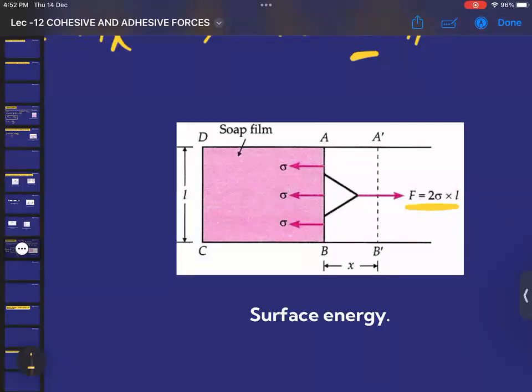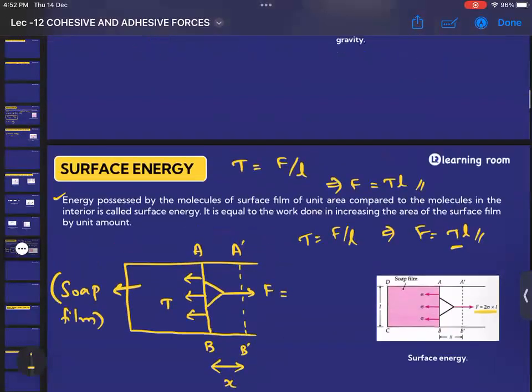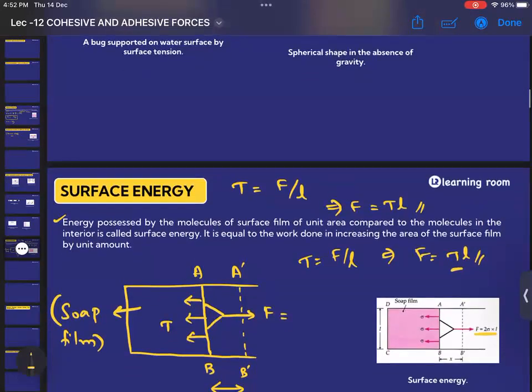Okay, listen to this carefully. The reason for the 2 is because of something called a free surface. While I gave you the definition of surface tension, I told you what a free surface means.